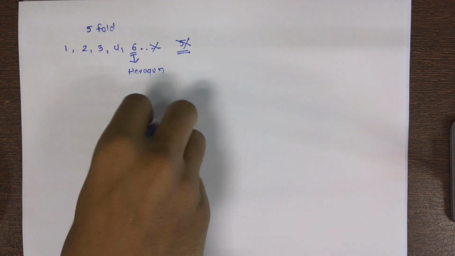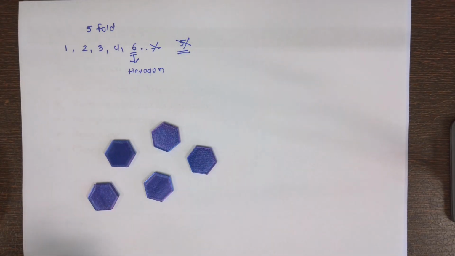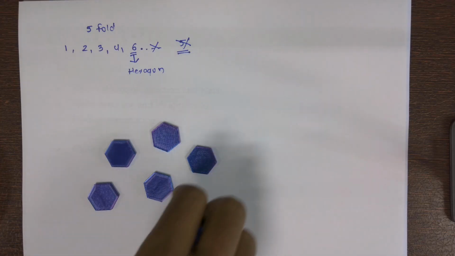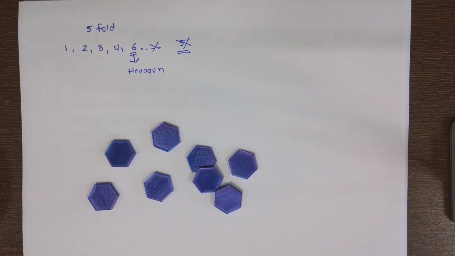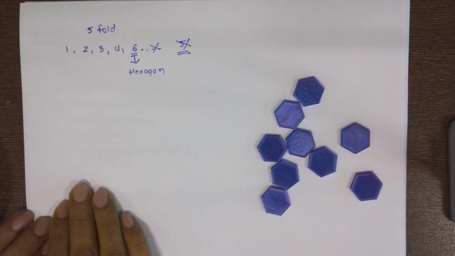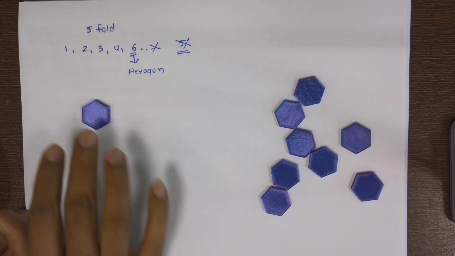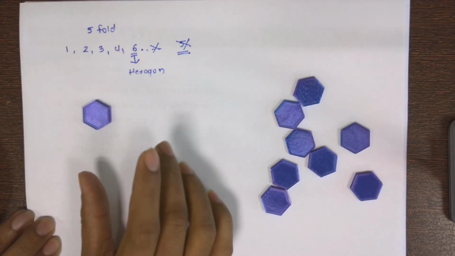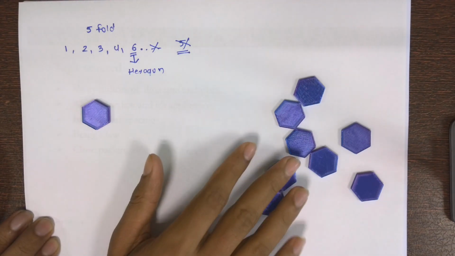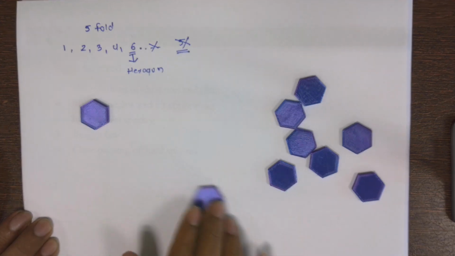So what I have made is a couple of models using 3D printing. I made multiple hexagons. Now we'll try to arrange these hexagons and see, once we repeat this particular pattern, will it fill the entire space, or will it leave some of the space blank?